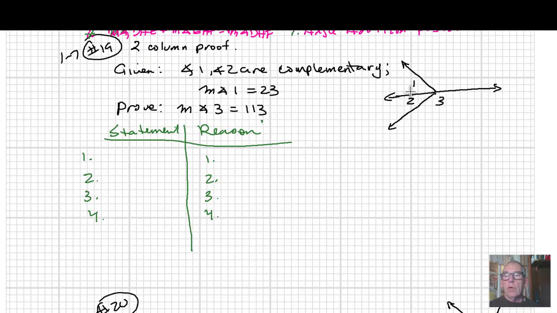Okay, so 1 and 2 are complementary. It means this makes a right angle. They add up to 90 degrees. Now 2 and 3 are supplementary.